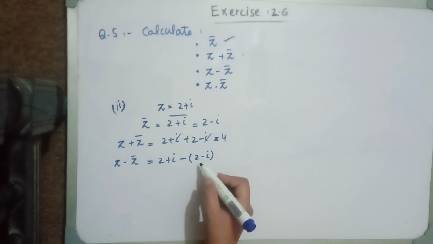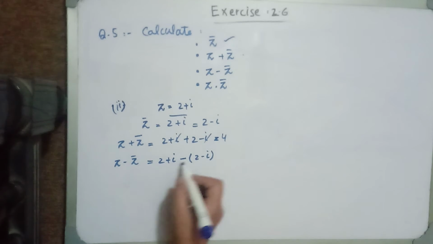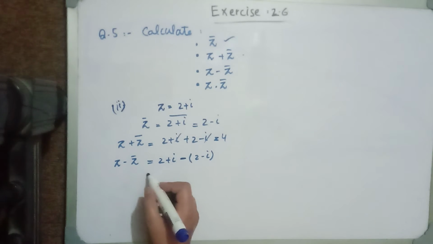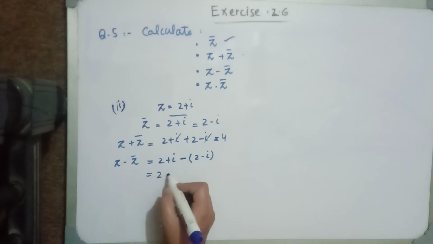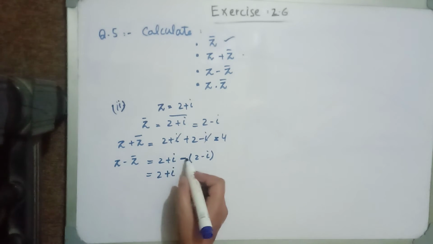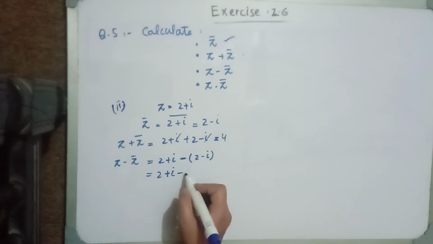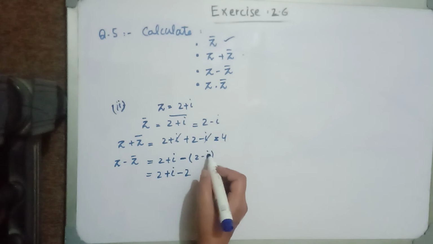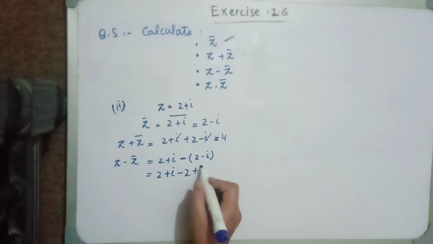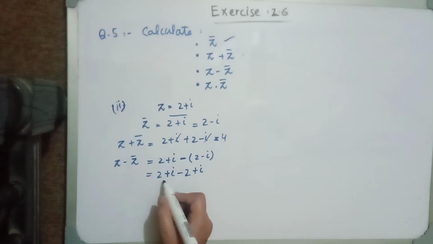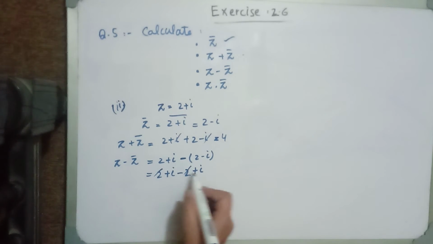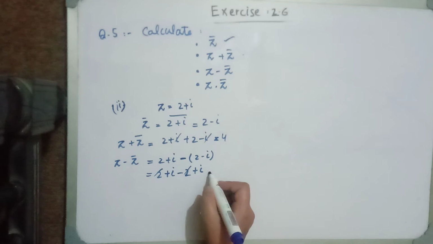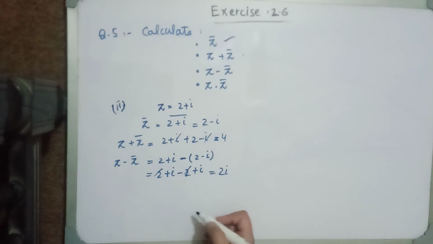So here minus into 2 minus iota, I'm going to apply this negative symbol and multiply it with both of these. So let's see what we get. 2 plus iota, minus into plus 2 will be minus 2, minus into minus iota will be plus iota. Now let's simplify it. 2 and minus 2 will be cancelled here, then iota and iota will be added and we will get 2 iota, right?